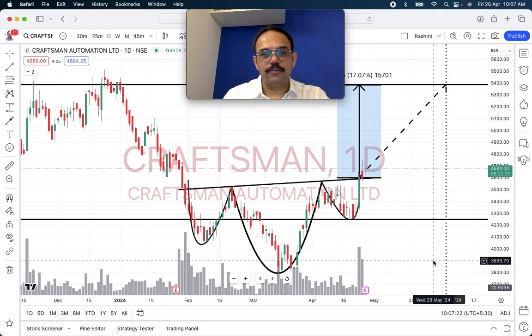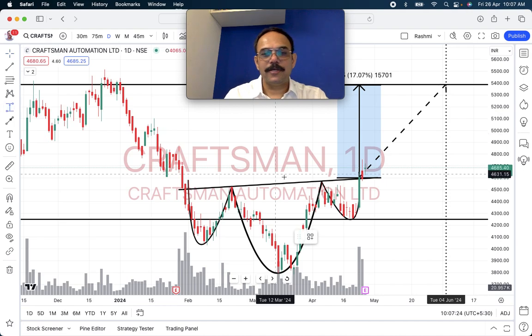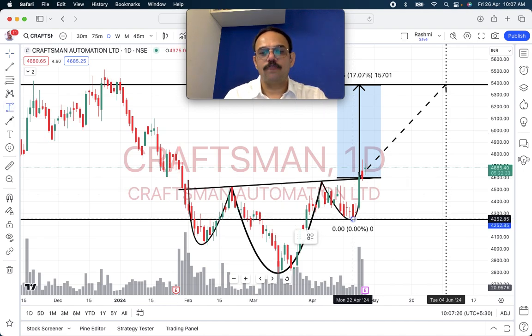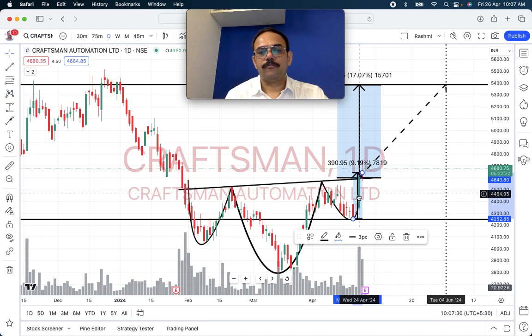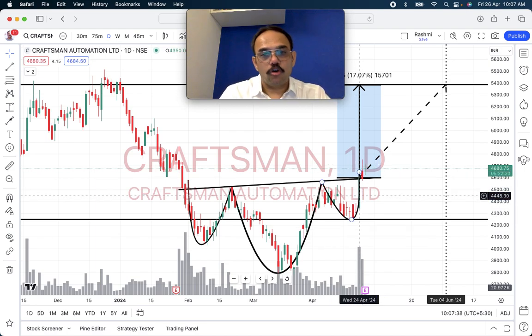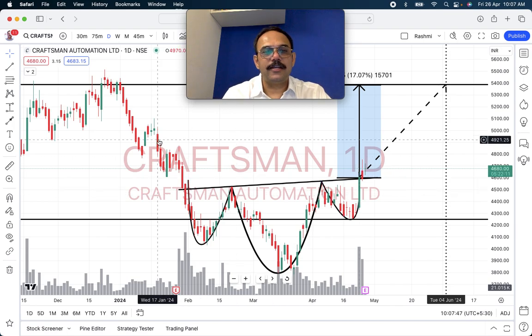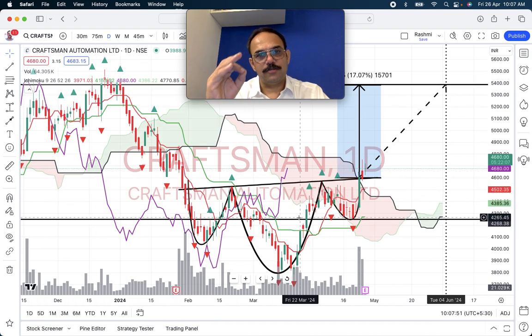We can as well use a trailing stop by measuring the low of the shoulder till the breakout point which has occurred here. So we can trail by 390 points. As it goes up, we can trail. As for a more optimum way of trailing any short-term trade, the best way to trail is the very clear-cut guidelines or lines provided by Ichimoku.